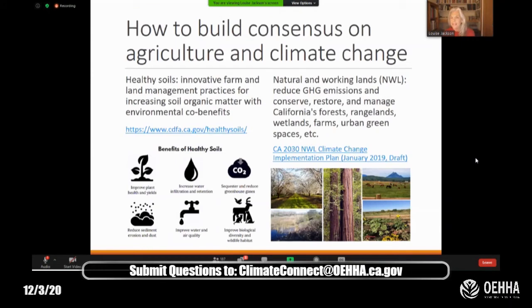And likewise, the Natural and Working Lands program, I think, has an interesting angle, and that's that agriculture and rangeland are included in this whole grouping of different kinds of ecosystems, so that they're then perceived as having some of the same goals to reduce greenhouse gas emissions and conserve, restore, and manage ecosystems for their greatest potential.